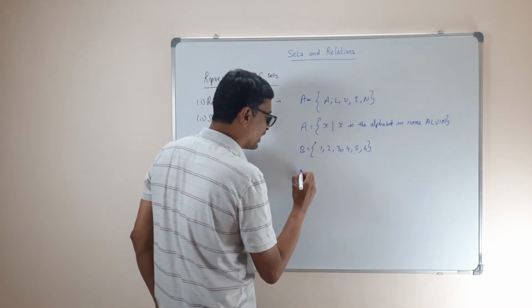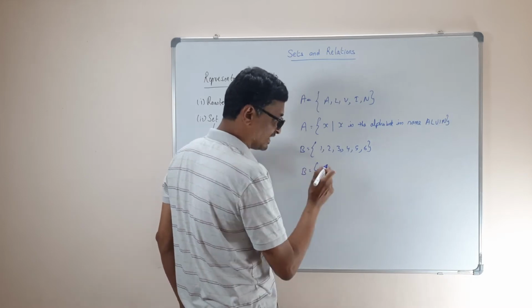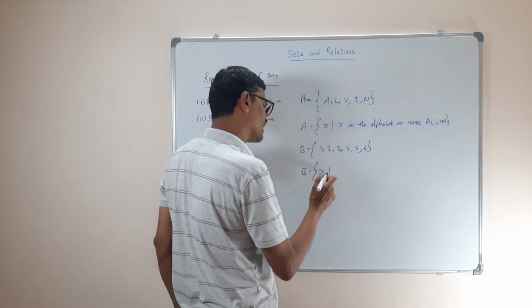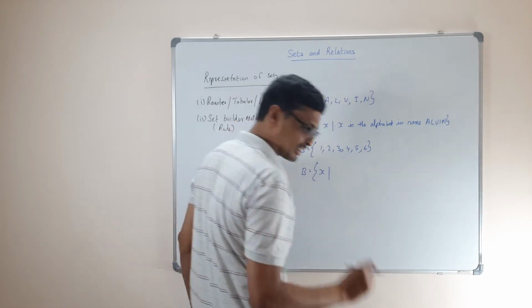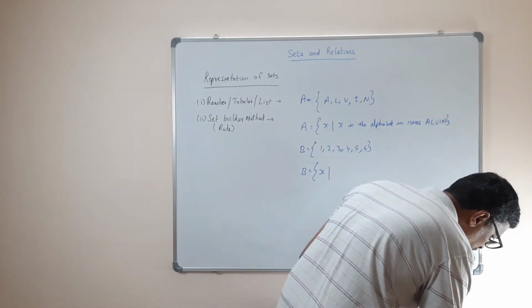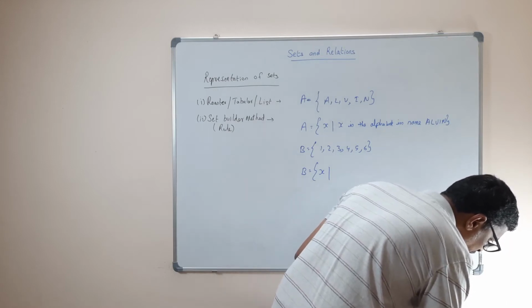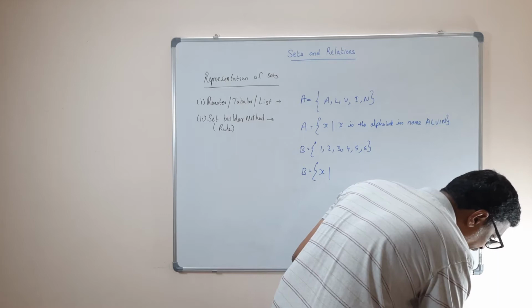So in set builder form, you write it as X such that. You can say X such that, or X is an. Usually the name they call it is such that, but here they write it as in. Well, they have not mentioned anything in your book. Anyway, forget it, we call it such that.